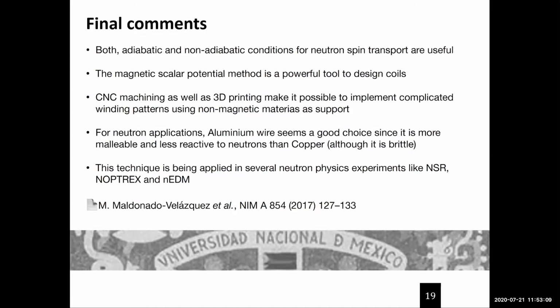Also, what I mentioned during the talk, this was our first development, and we learned that probably we can do better with the grooves.